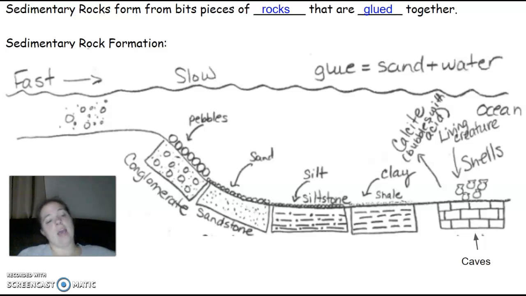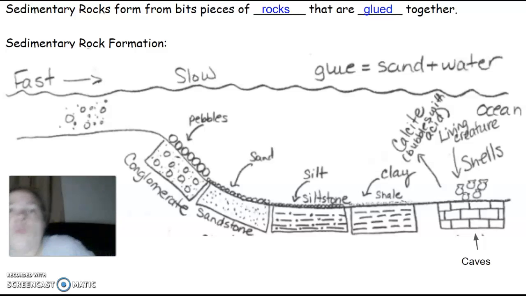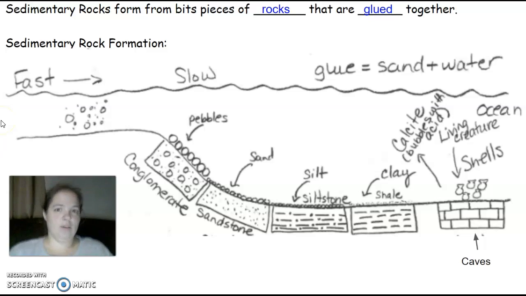So as it's flowing out so fast and then starts to slow, the water starts to drop out all these different sediment particles. We will go over this in the next unit for weathering and erosion, but for right now, this is great for you guys.